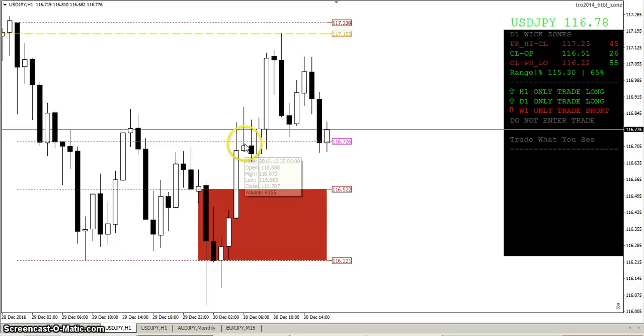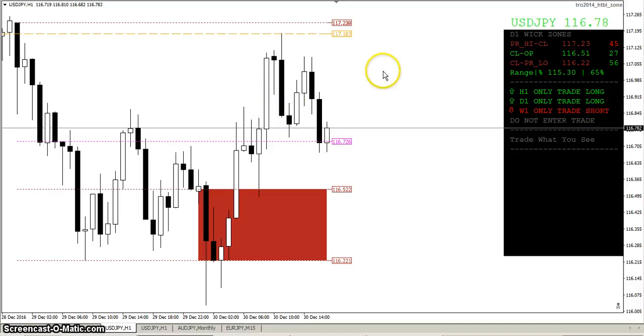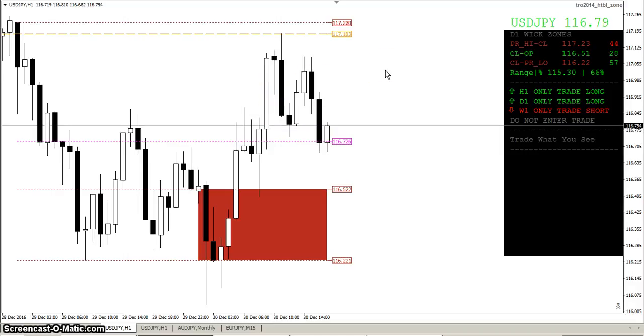We had one here, okay? And then we had another one there. But for the most times, it just doesn't close within the wick. And you can just see that. You see here it didn't close within the wick. Okay, well we had one within the wick.